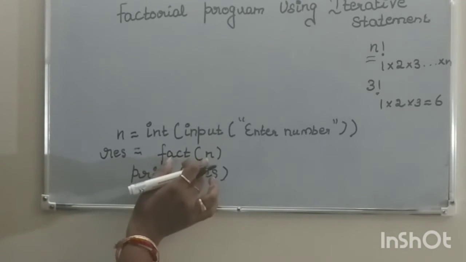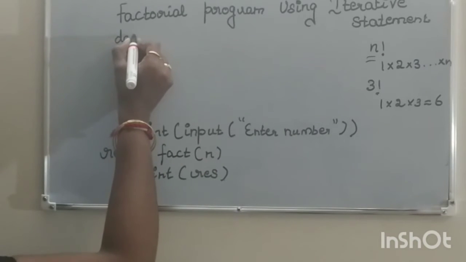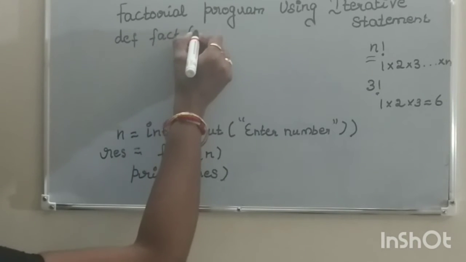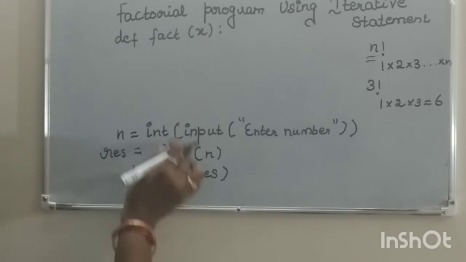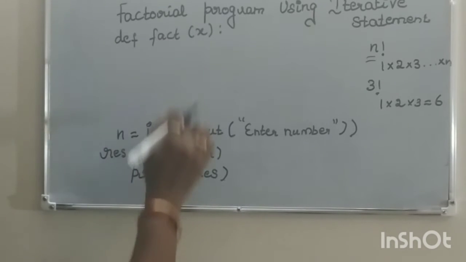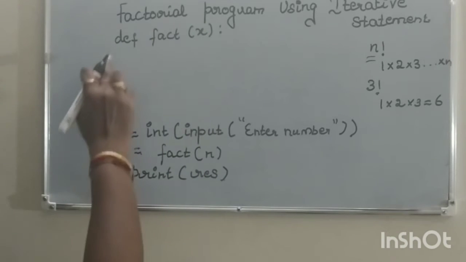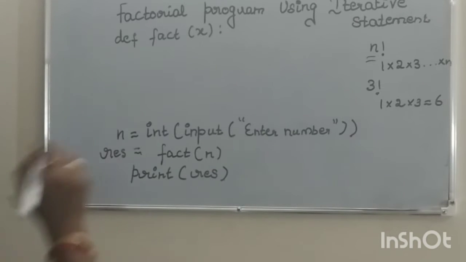For this fact call, we have to write the definition. See, the same name. Here the n value will be passed to this x. def is the keyword which is used to identify that it is a function definition.